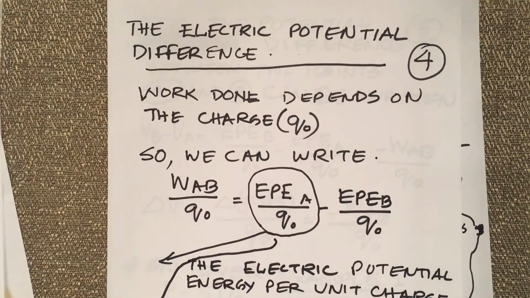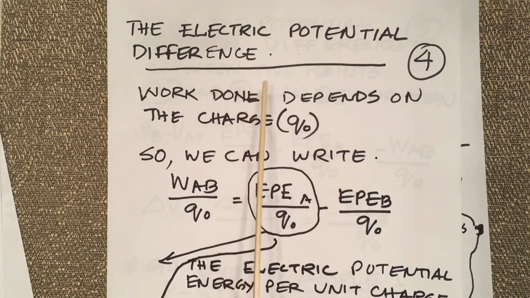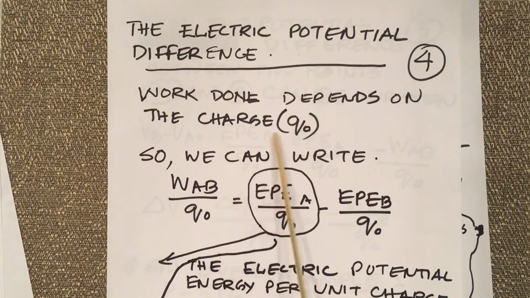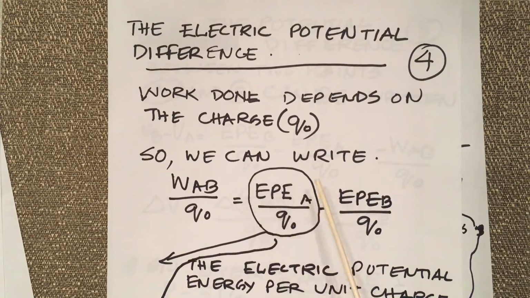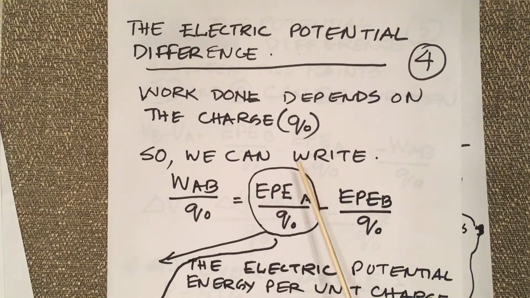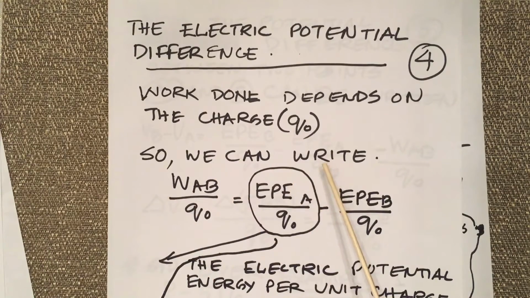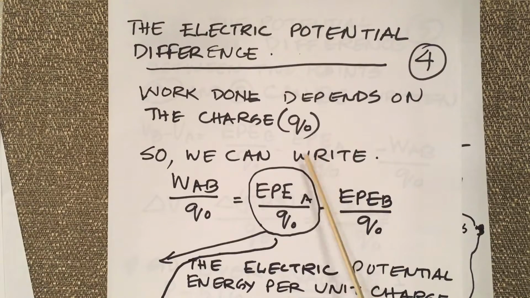Okay. Now the next topic is electrical potential difference. The work done depends on the charge Q0. If the test charge value in coulombs is more, the work done will be more. If it is less, let's say 3 coulomb compared to 5 coulomb, the work done will be more for 5 coulomb rather than 3 coulomb.